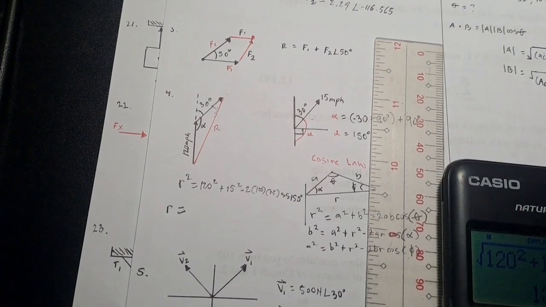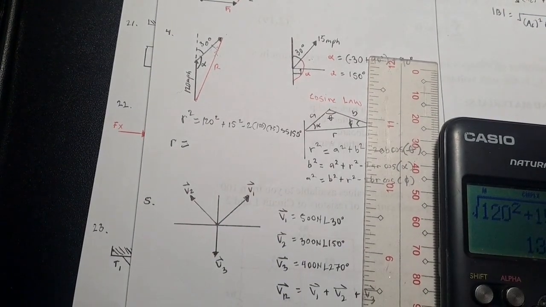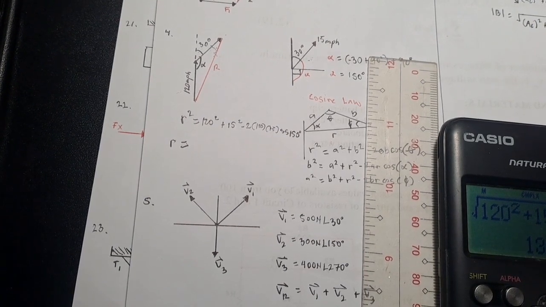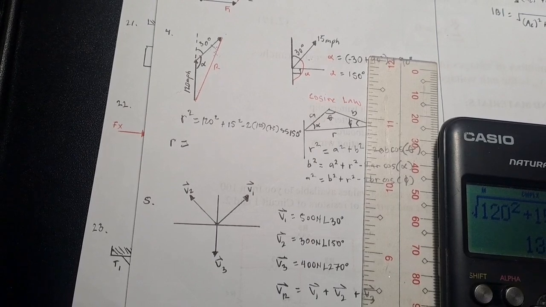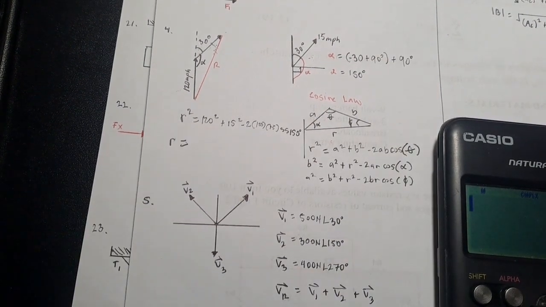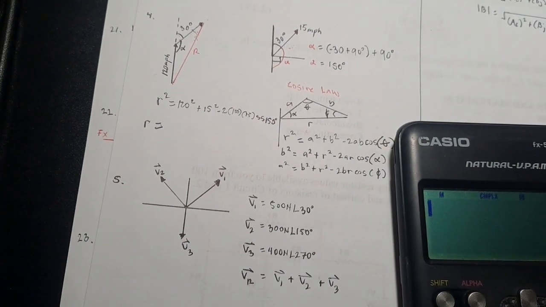So let's have number 5. Given 3 vectors, vector 1 is 500 Newton at 30 degrees. Vector 2 is 300 Newton at 150 degrees, and vector 3 is 40 Newton at 270 degrees. What is the magnitude of the resultant vector? So ito yung maganda, kasi given niya na rin lahat, so plug and play na lang tayo.